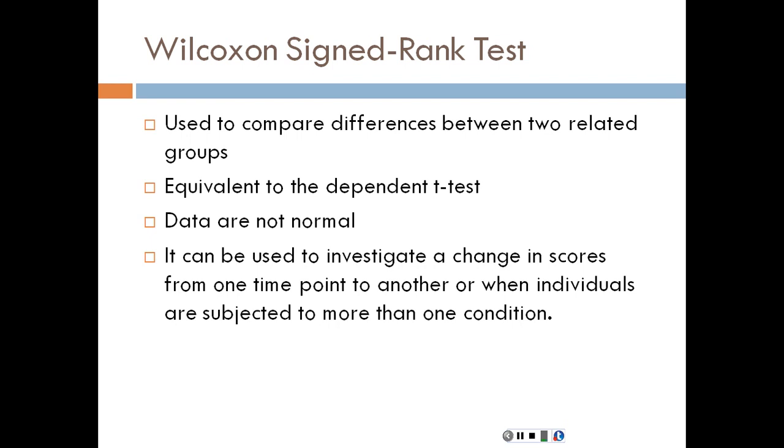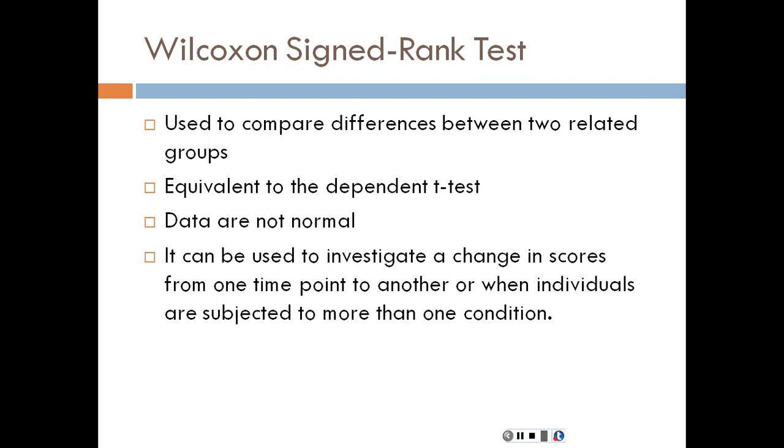So your data are not going to be normal if you're using a Wilcoxon signed rank test. And you use this particular test to investigate a change in scores from one time point to another, or when individuals are subject to more than one condition.